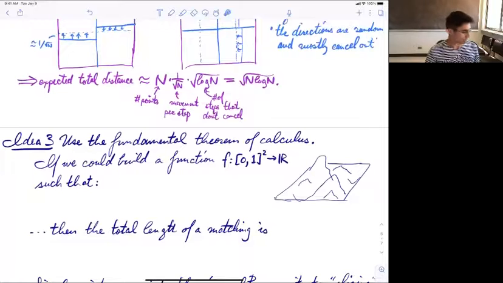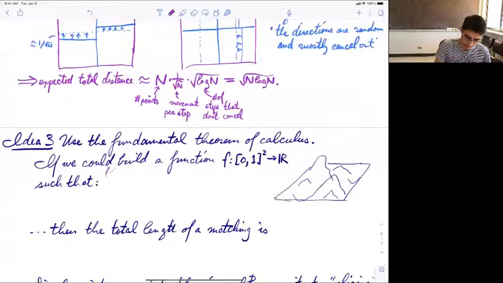So someone gives you a bunch of red and green points, and what you can try to do is build a function from the square to the reals. So you can think of this function as giving you a mountainous landscape, right? The height, it's a height function.